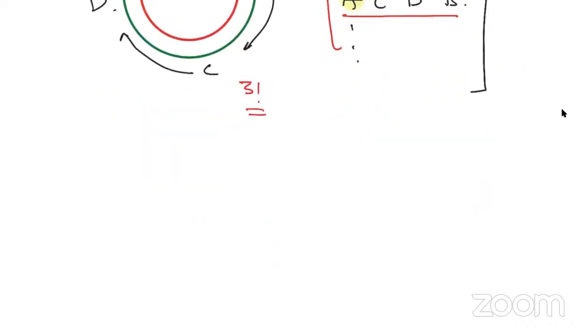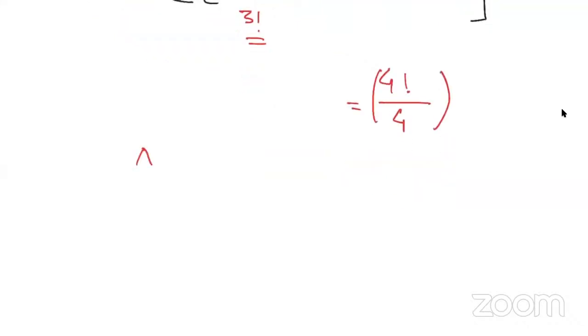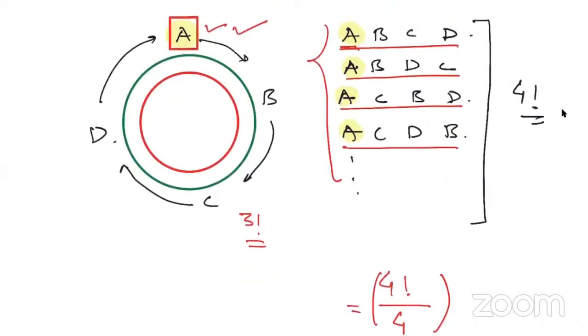Means if we are able to arrange in factorial 4 ways, we divide this by 4. Why divide this by 4? If A is fixed at the first place, then B, C, D have to arrange themselves in this order.